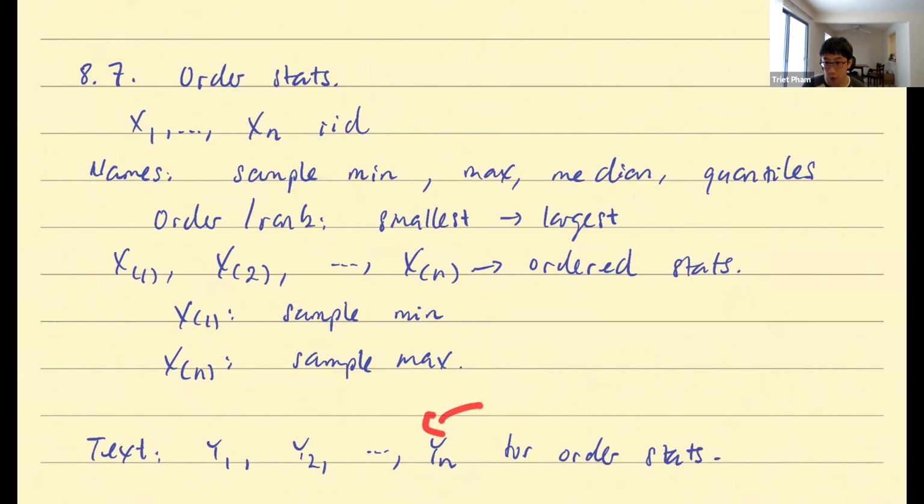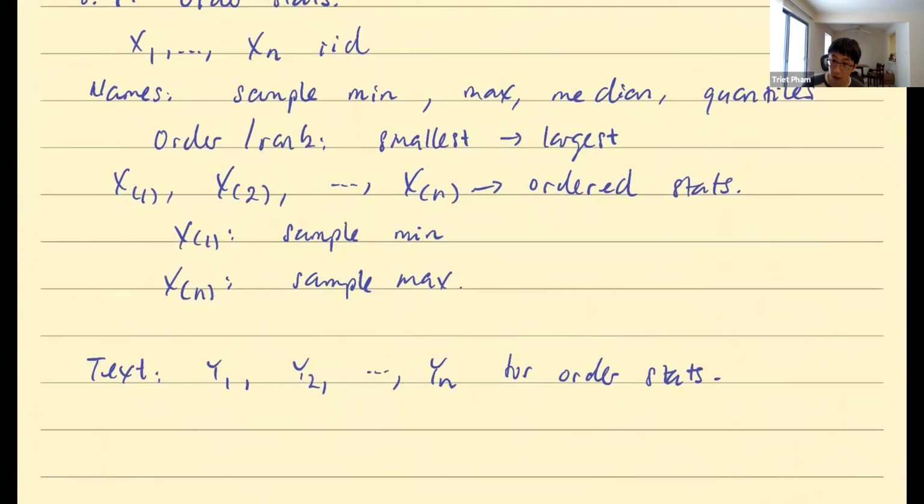You can feel free to use whichever you want, as long as you clearly state they are order statistics and you use your notation consistently, then I understand what you're doing. But my notation will be this, and again, do not confuse them with this. Any question?